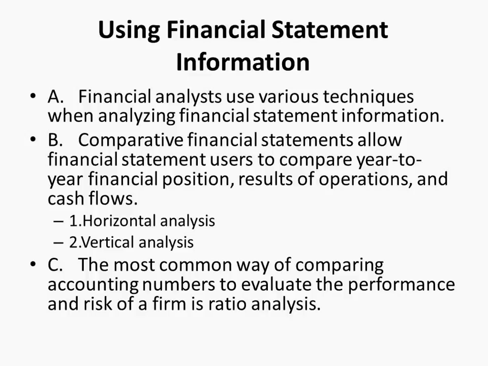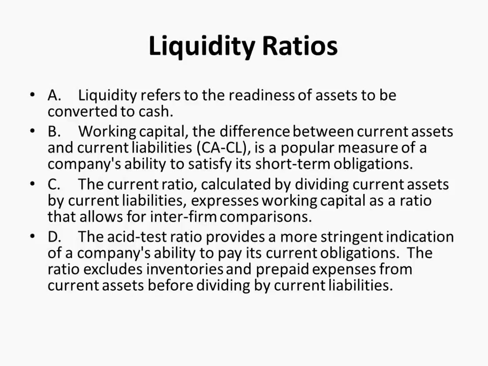So let me move forward with this. Working capital is taking current assets and current liabilities, and it will give you a sense of how a company can satisfy its short-term obligations. So let's think about what some current assets are.